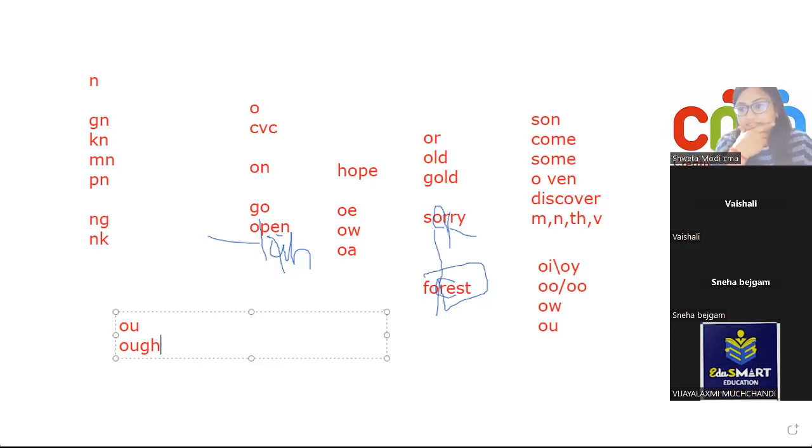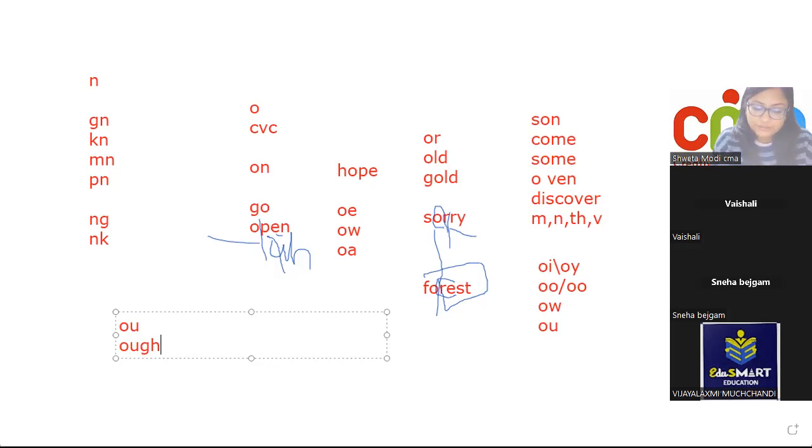OUGH can give many sounds. It can be O sound, it can be UF sound, it can be UP sound. There are total 8. In that PDF, I'll share it again if some of you don't have. There is a story of OUGH where all 8 pronunciations of OUGH are there.